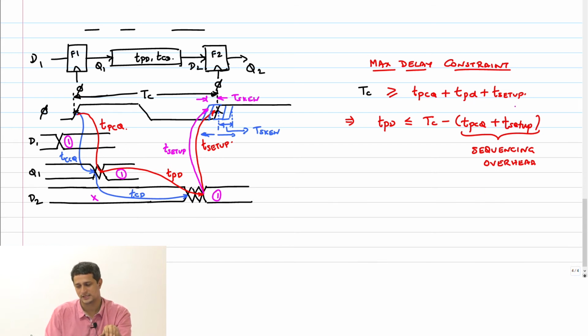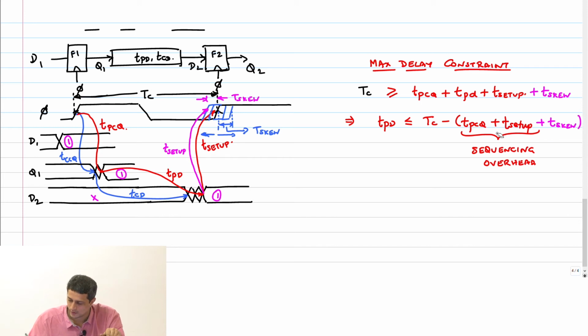TPCQ plus TPD plus T setup plus T skew. Right? And therefore, here also it will simply get modified as plus T skew. Okay, and of course this whole thing is now called sequencing overhead.